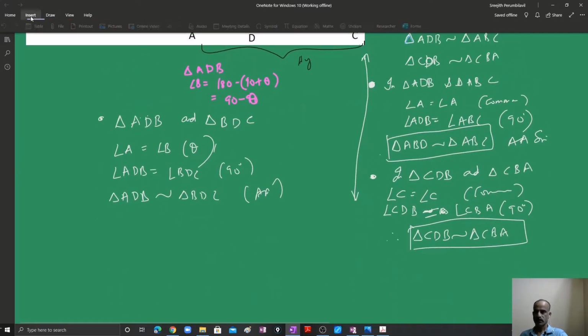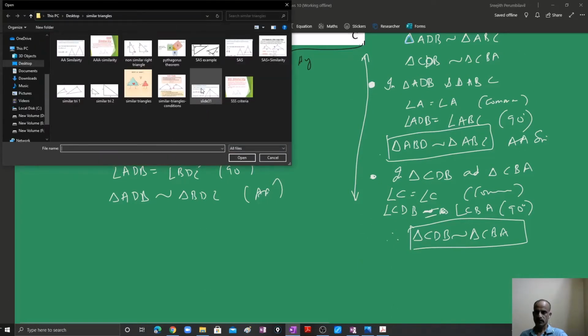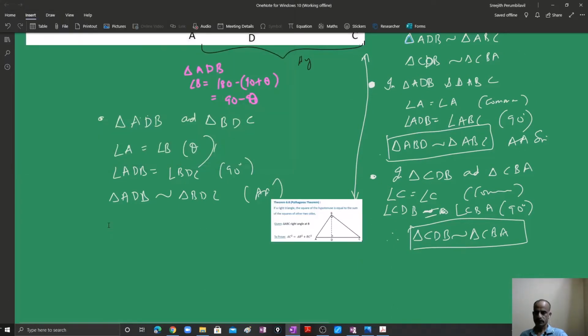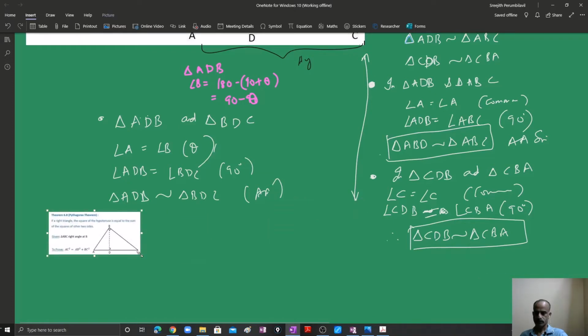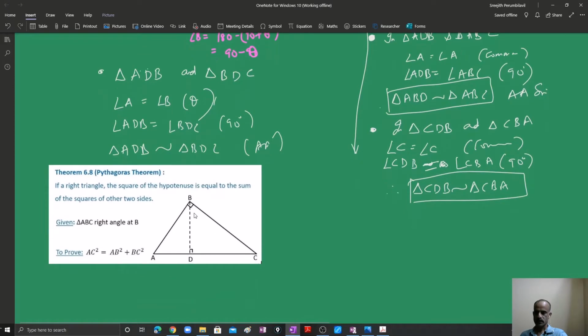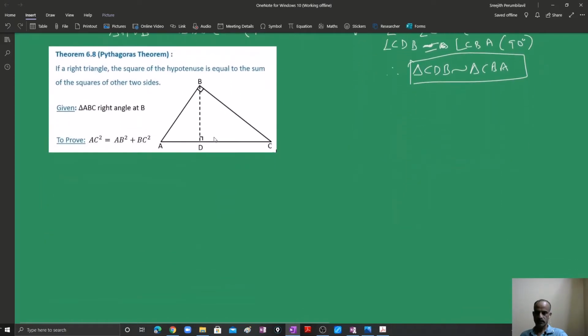I will put a fresh statement of that. Theorem 6.8. Let us prove it.